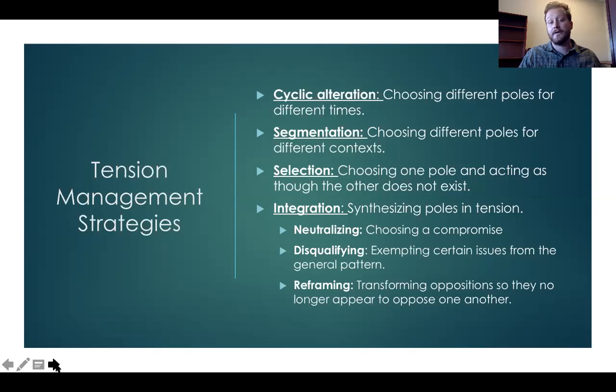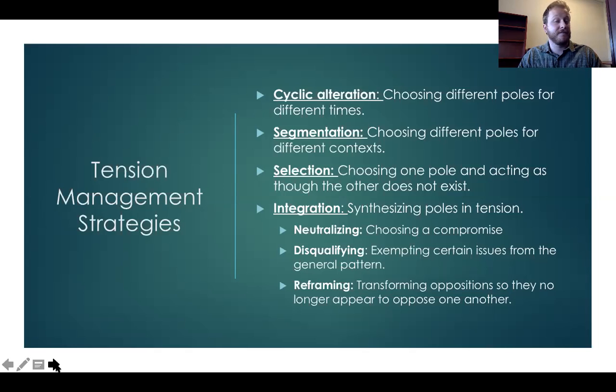But this can also digress. Maybe you were really connecting and self-disclosing a lot of things early on within the relationship, but then you became more reserved as you realized how that relationship unfolded and what those dynamics really looked like. Segmentation, we can also use a particular response, so choosing different poles for different contexts. A very basic example would be that public and private distinction and communication strategy.